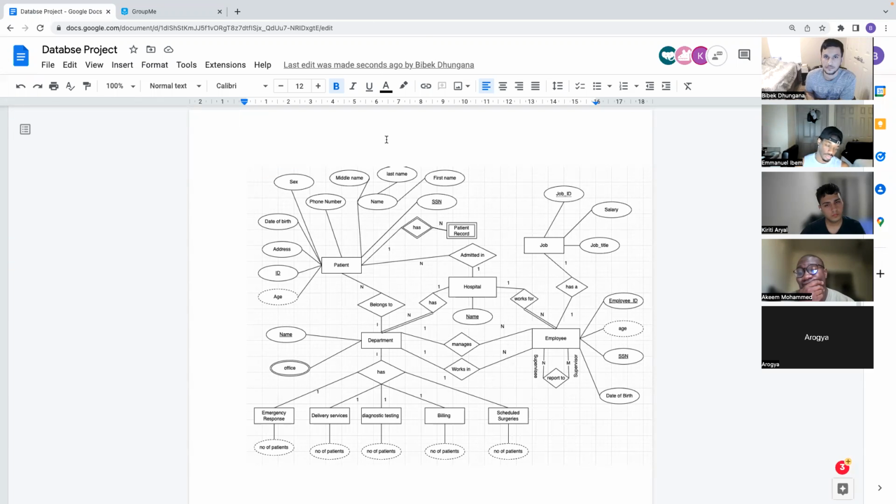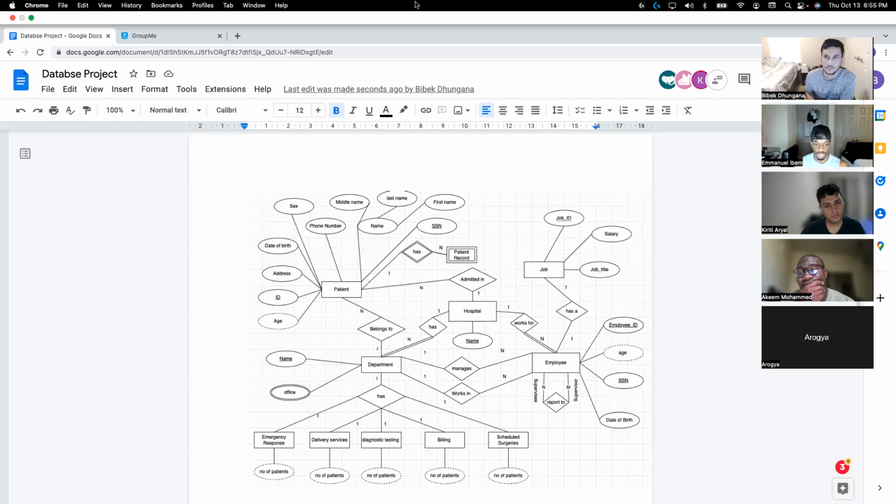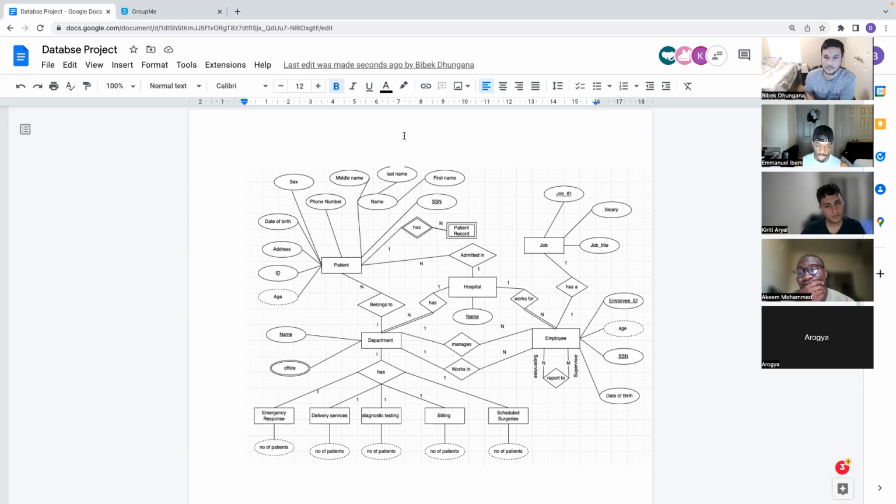We also have the patient entity that summarizes all patients within the hospital. The departments also keep their own specific records of the number of patients in each department as derived attributes from each entity that relates to the department, which are the sub-departments. So we have successfully modeled a hospital personnel management system, and I hope it's according to specifications. Thank you.